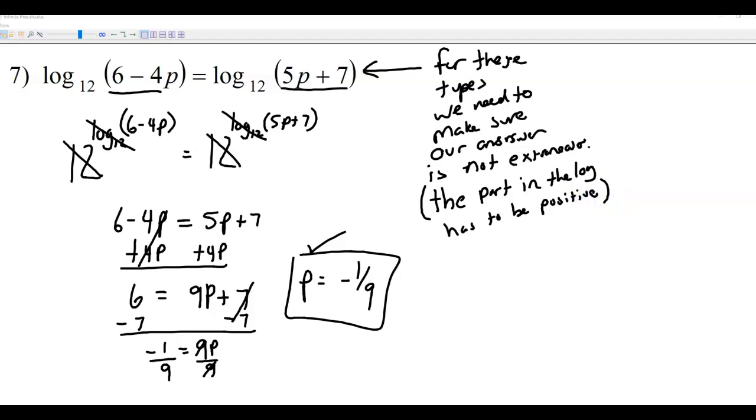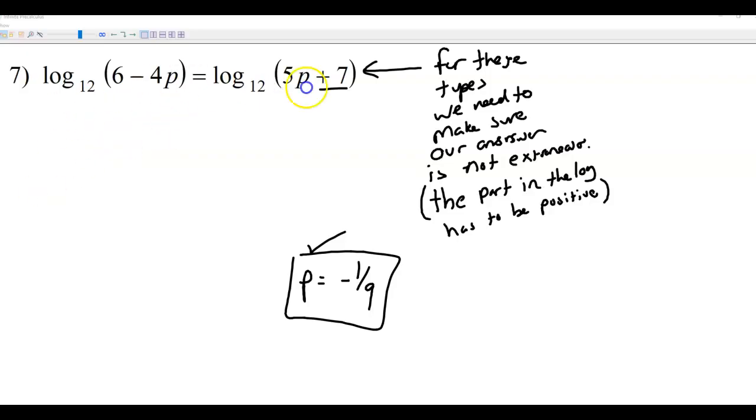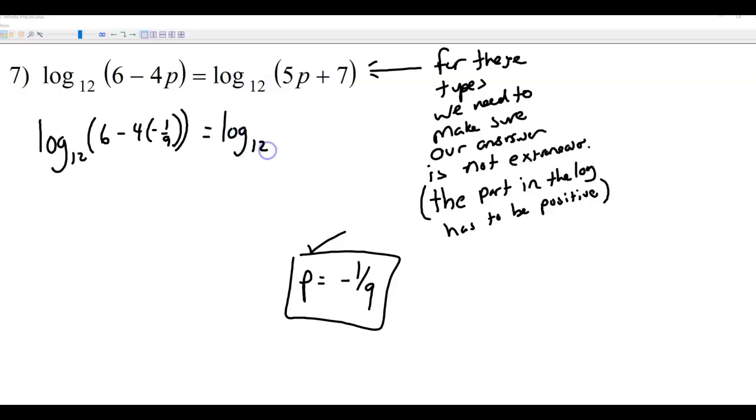Okay, so here's what I mean by that. It doesn't mean your answer has to be positive. It means that after you plug your answer in, you should have only positives inside of the logarithm. So for instance, if I have a log of 12 and I were to plug in negative 1/9 for p, I shouldn't have any negatives on the inside after I simplify this.